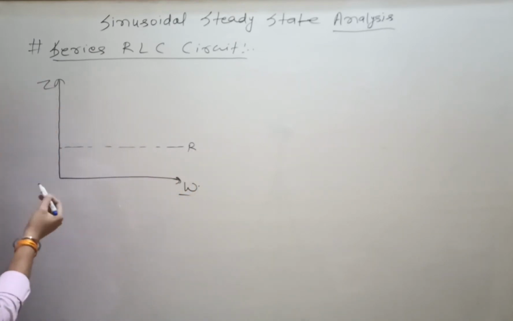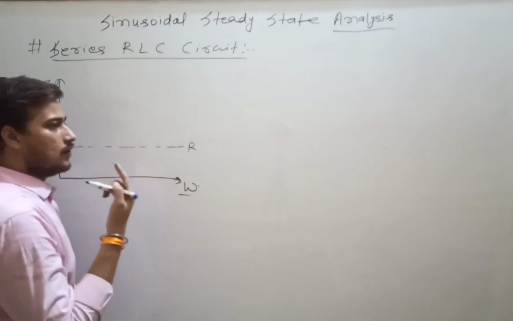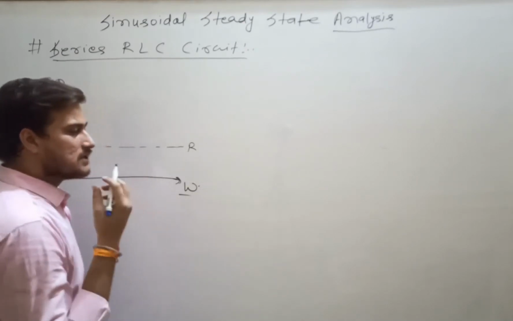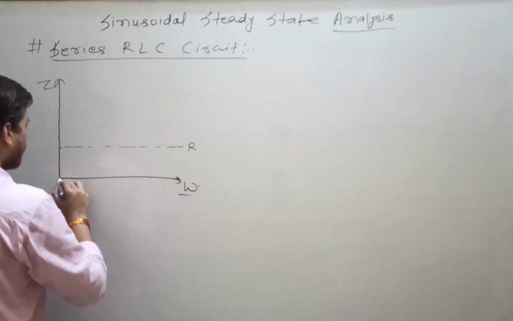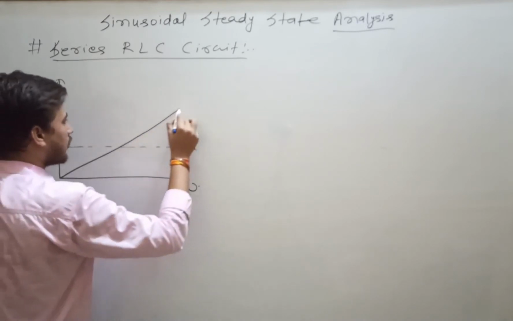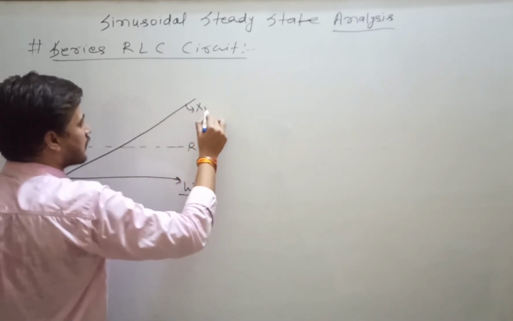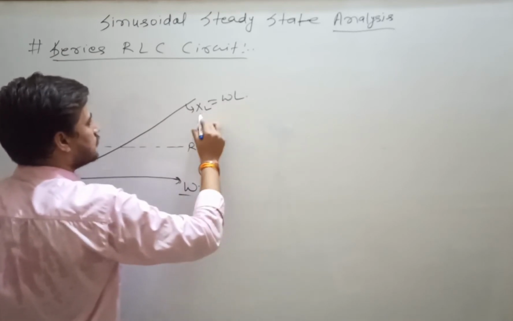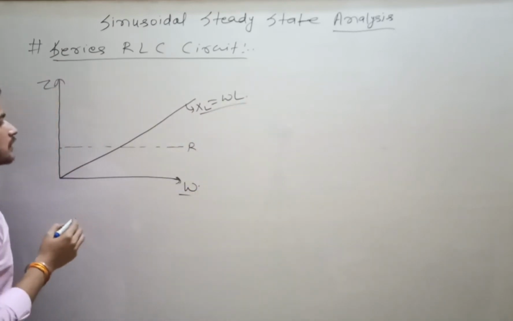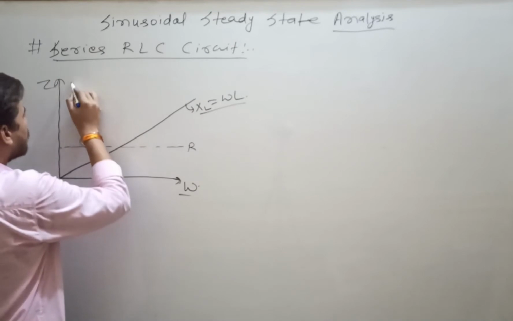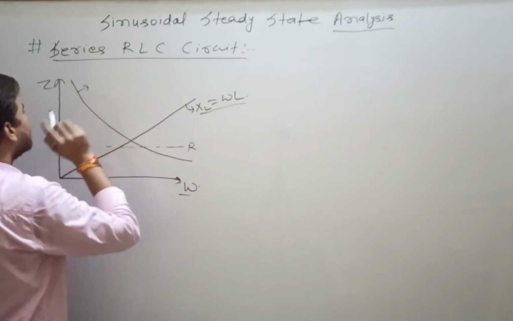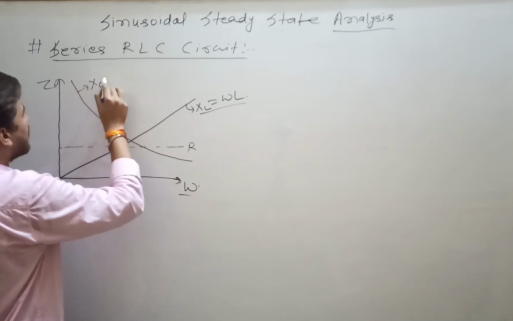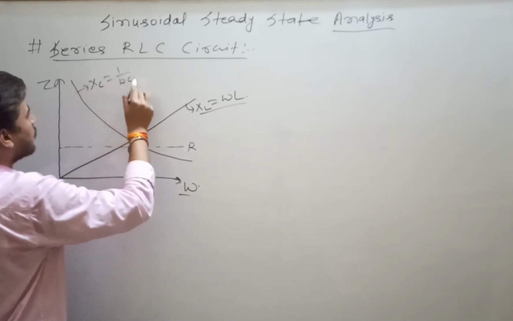But when you plot the graph of XL, that means inductive reactance, it is equal to omega into L. So this is the graph of XL equal to omega L. Now if you plot the graph of XC, it is coming like this. This is a graph of XC equal to 1 upon omega C.